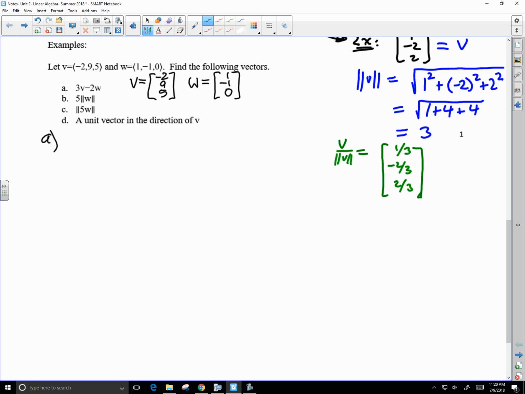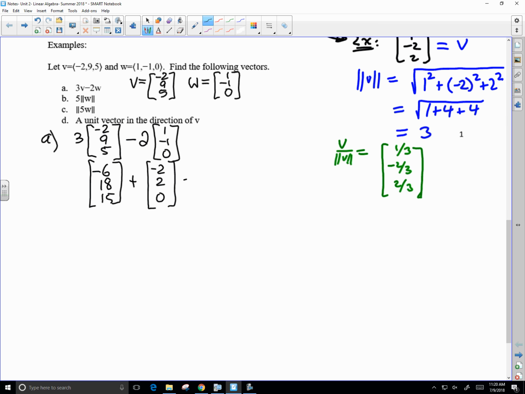All right, so we're looking at 3 times [-2, 9, 5] minus 2 times [1, -1, 0]. So [-6, 18, 15] plus [-2, 2, 0]. Shouldn't that be 27 instead of 18?